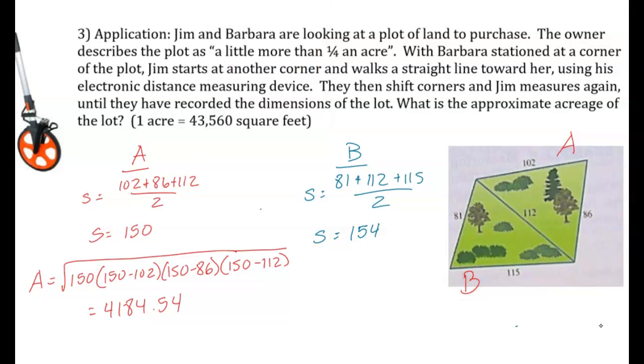So then I am again doing Heron's formula: 154 times 154 minus 81 times 154 minus 112 times 154 minus 115.